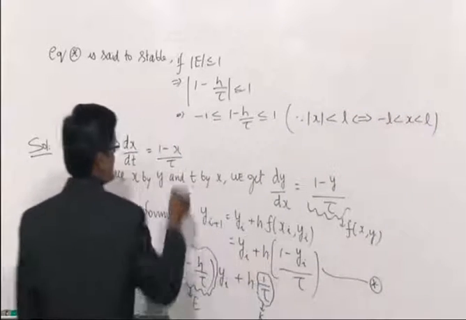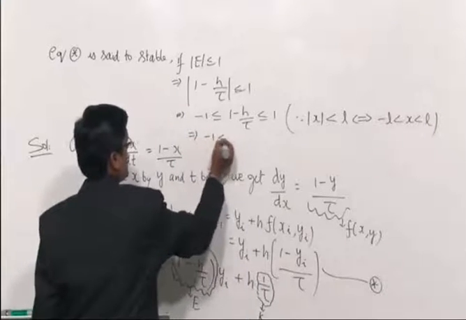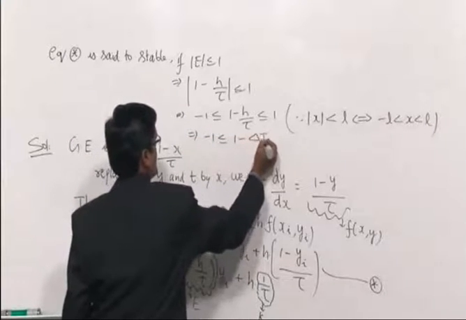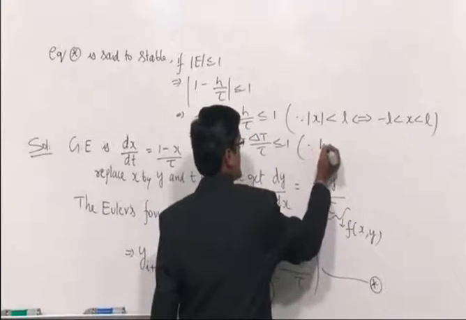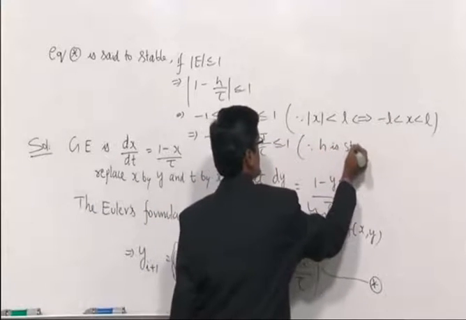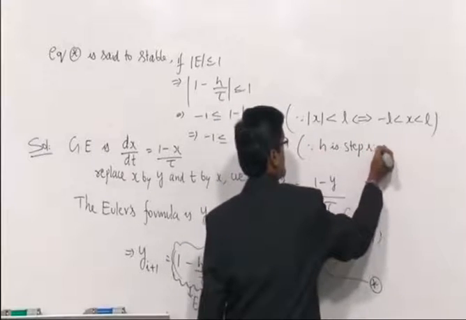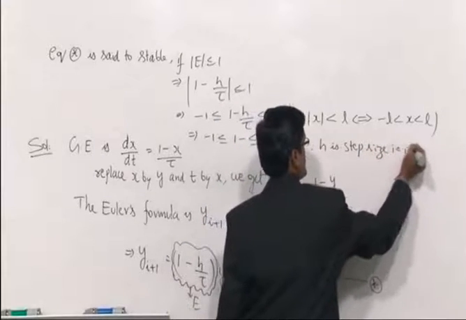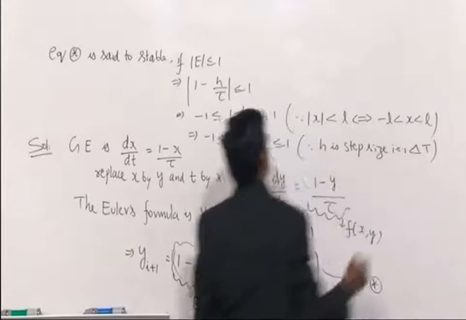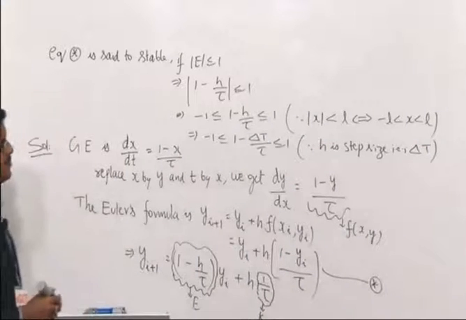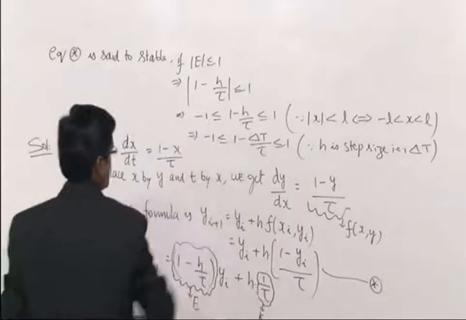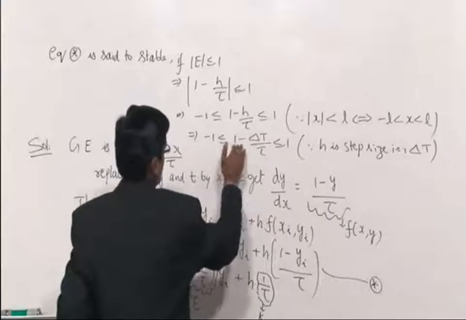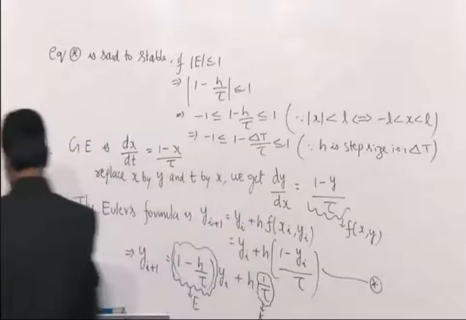Now what is h? It is the step size. What is that? Delta t less than or equal to 1. Since h is step size, that is delta capital T. Now from this relation find delta t, that is, eliminate this 1 and the minus symbol and then tau.